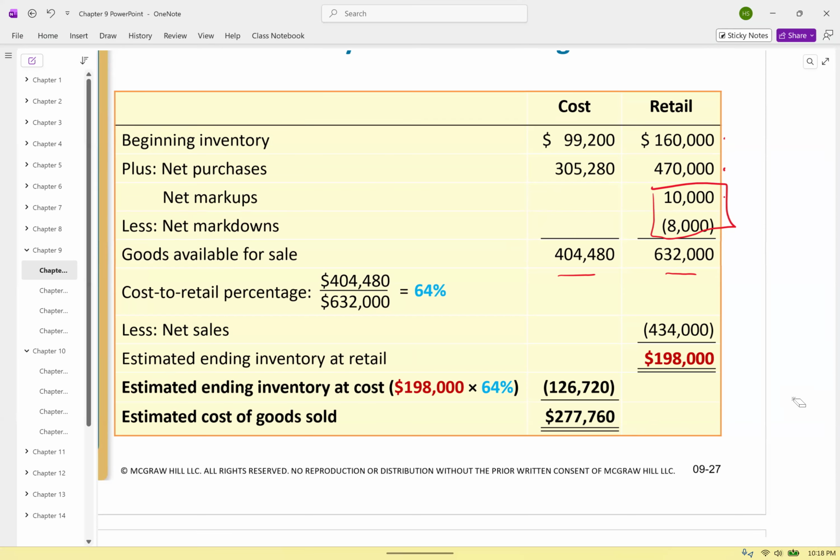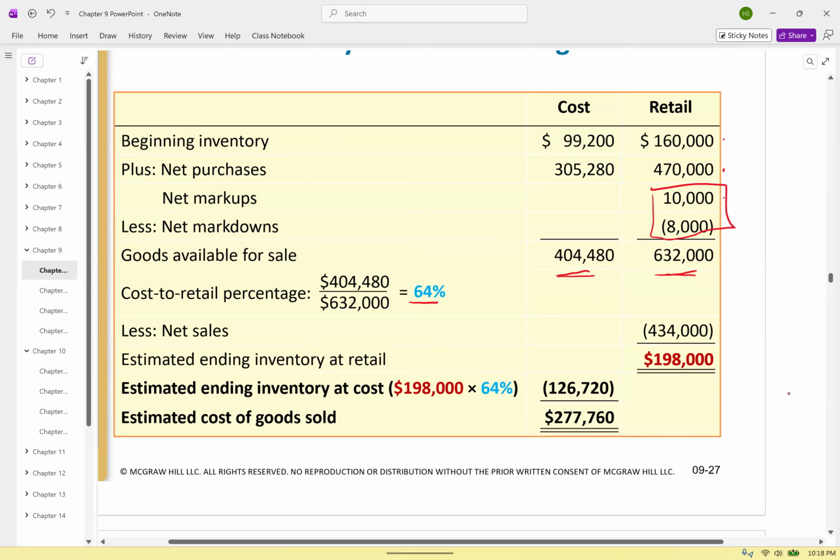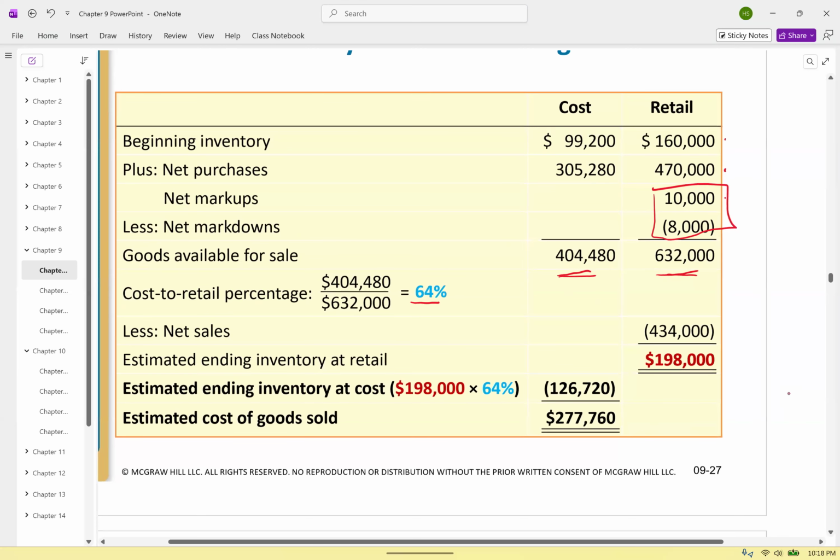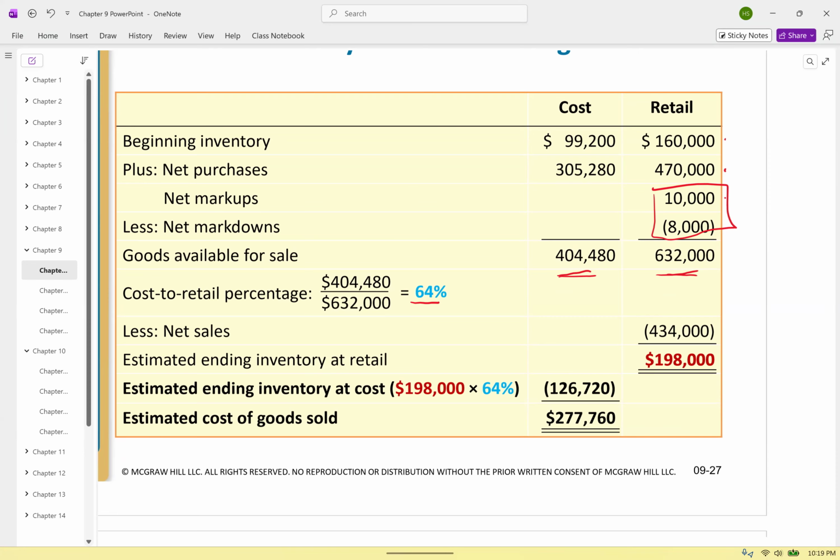All right. So again, we're going to take that 404, divide it by 632,000, and that gives us a cost to retail percentage of 64,000. Okay. So they have the net sales, they have the estimated ending inventory, I'm sorry, ending in retail.